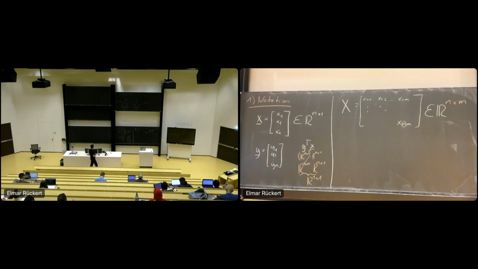Now, is it possible to multiply my y vector with this matrix? And how? So there are two options now. What options do I have?